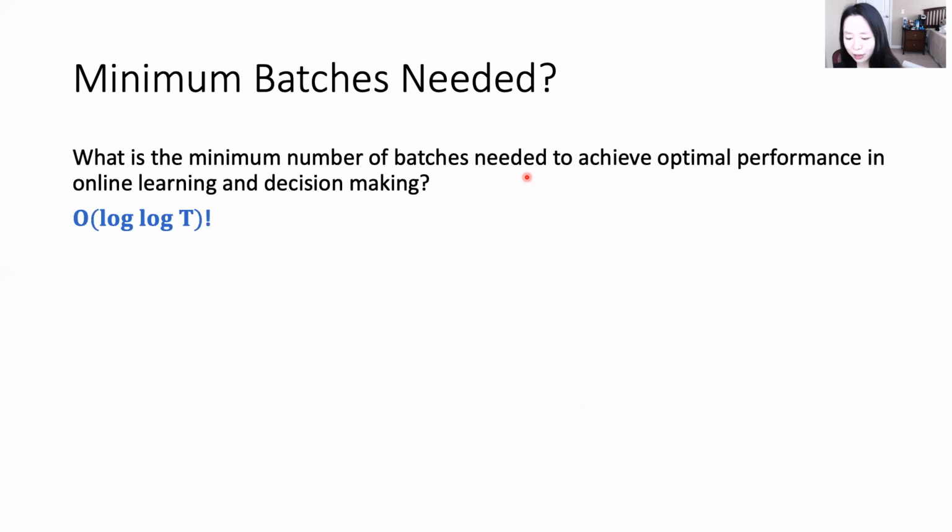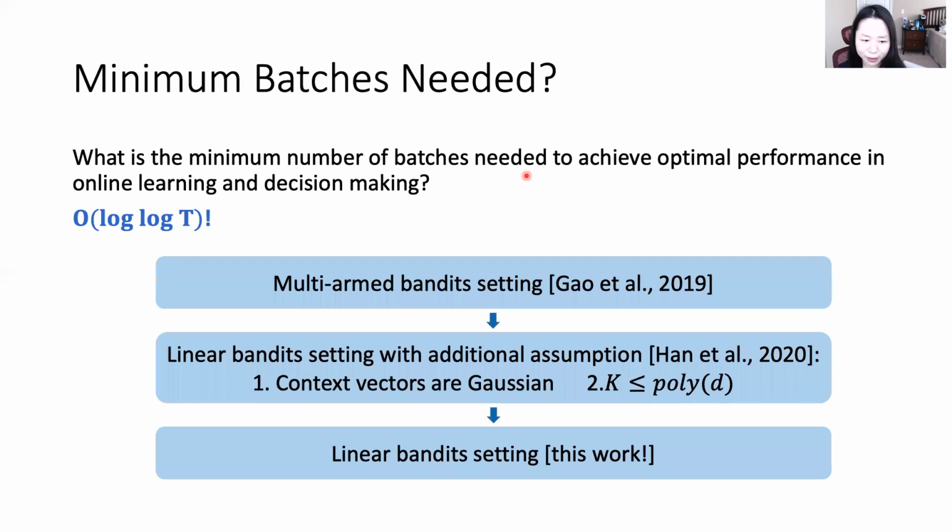For previous results, such a log T bound has been proved, first, in a simpler setting which we call the multi-armed bandit setting. Then the linear bandit setting is also considered in recent work by Han et al., but with some additional assumptions.